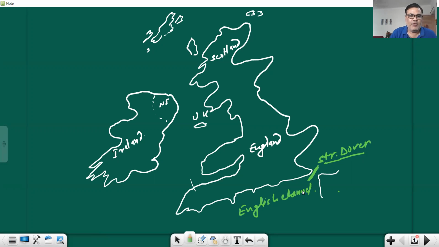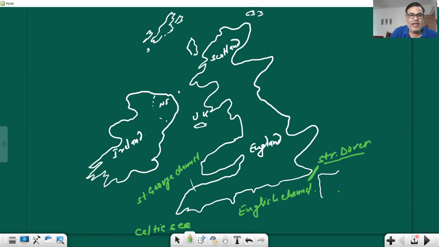When you reach here, there is a sea, and its name is Celtic Sea. This part is the Celtic Sea. And here it is St. George's Channel, which is between Ireland and England.